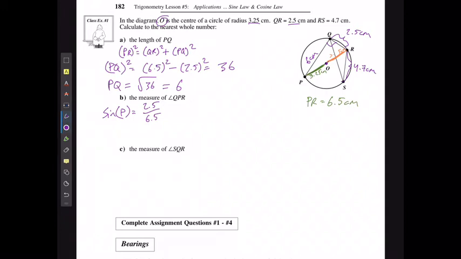Which means that angle P is going to equal sine to the negative 1 of 2.5 over 6.5. And that angle is going to be 23 degrees.